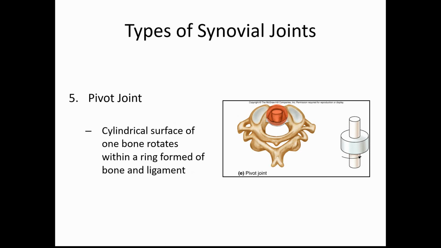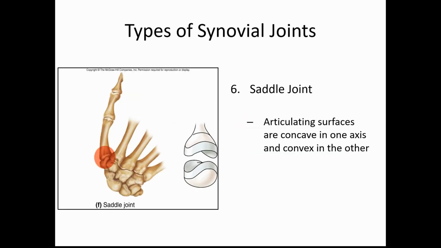A pivot joint is like it sounds. It can only pivot along its axis. It can't translate. It cannot flex. A saddle joint is where the articular surfaces are concave in one axis and convex in the other. This allows for movement in two directions only.